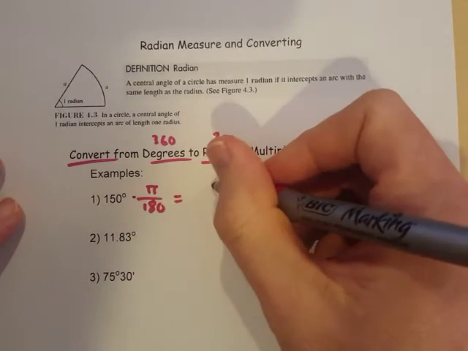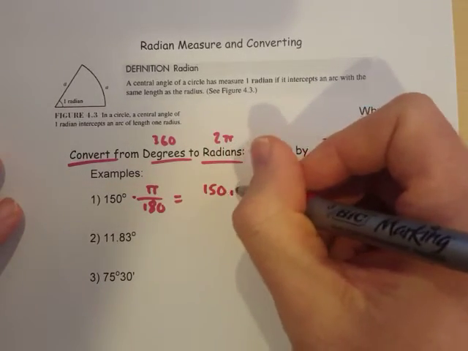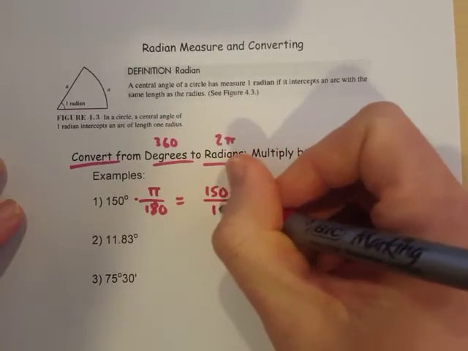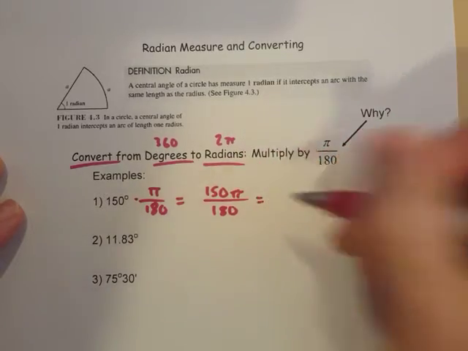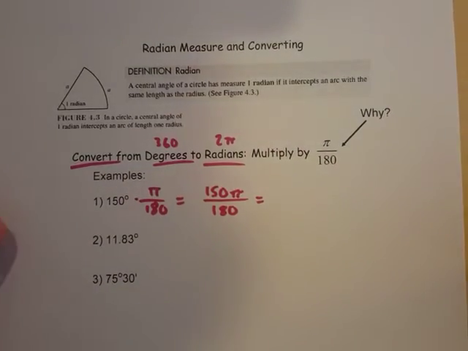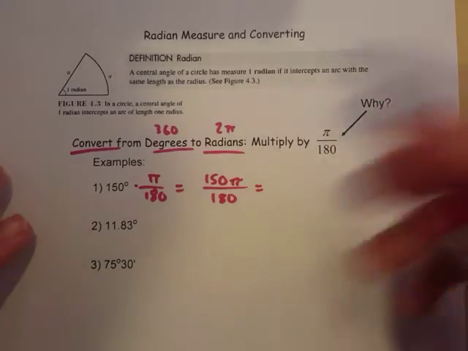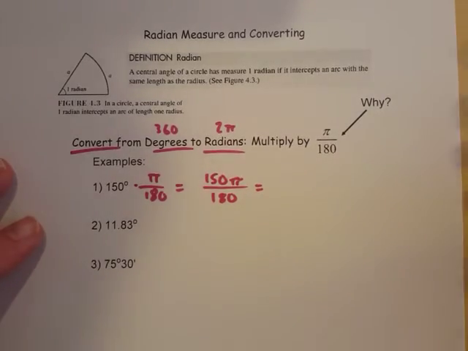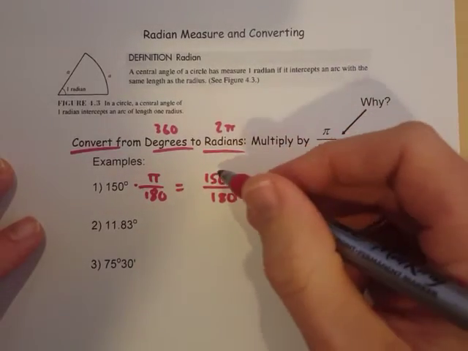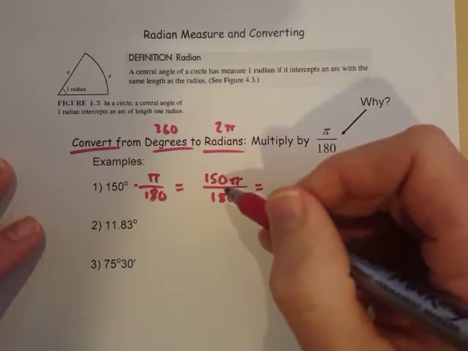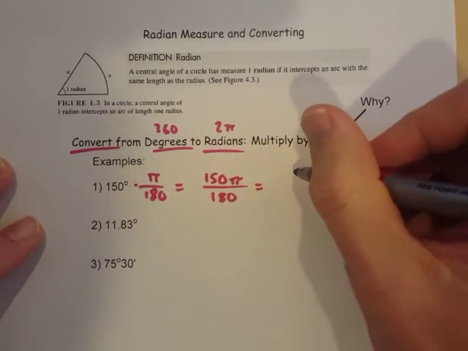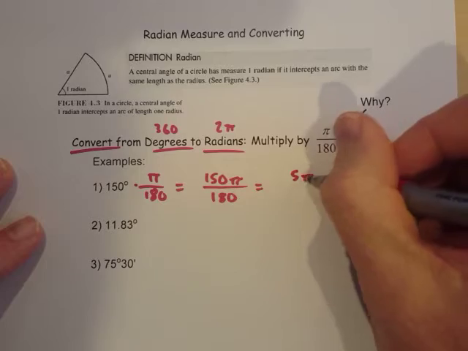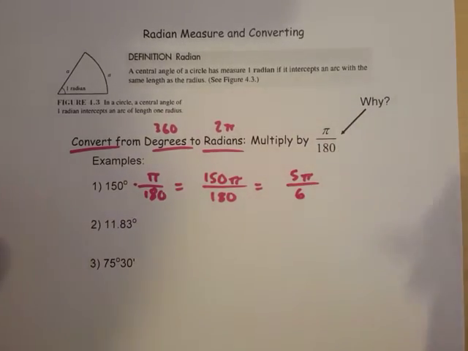We get the fraction 150 pi over 180. Once you do that, then you're just going to reduce the numbers as far as possible so that the end result, they're all integer numbers. And so we can divide each one of these by 30, giving us 5 pi over 6. And so that's going to be our simplified version of that one.